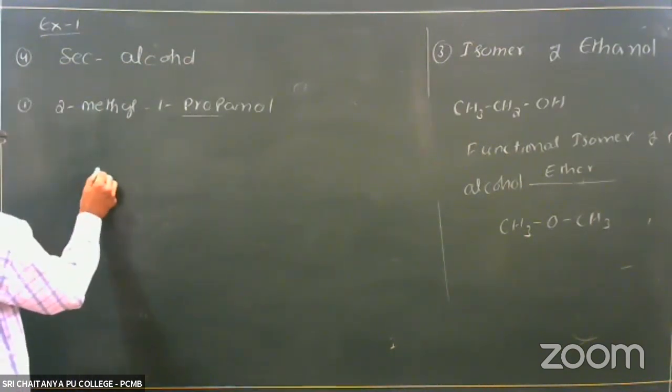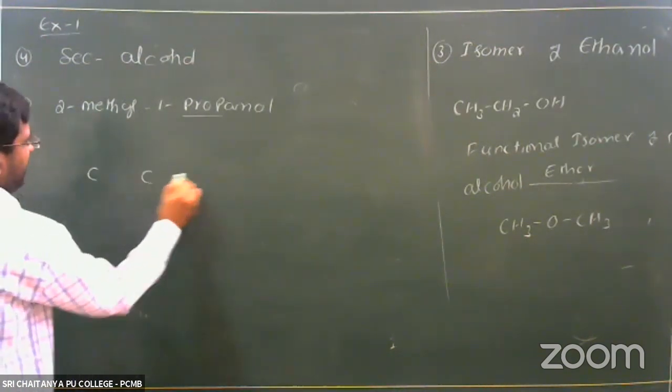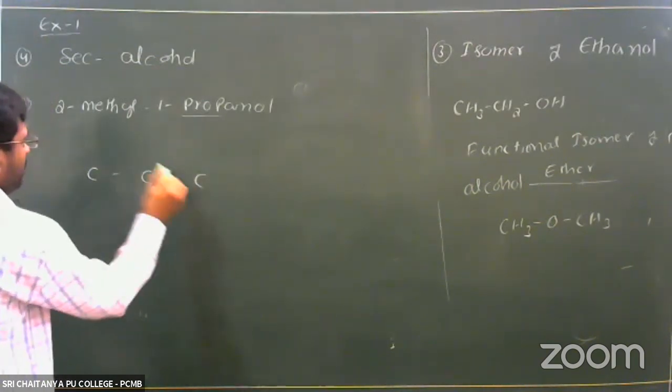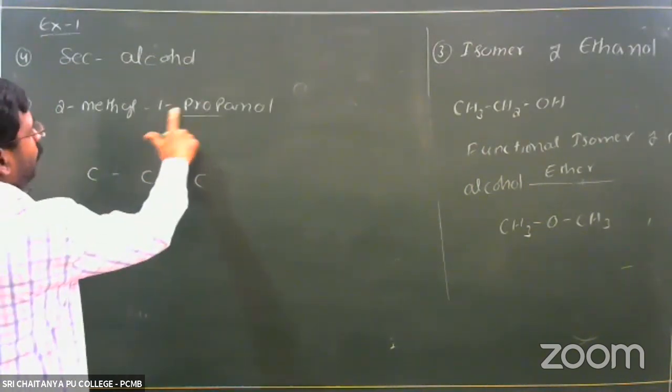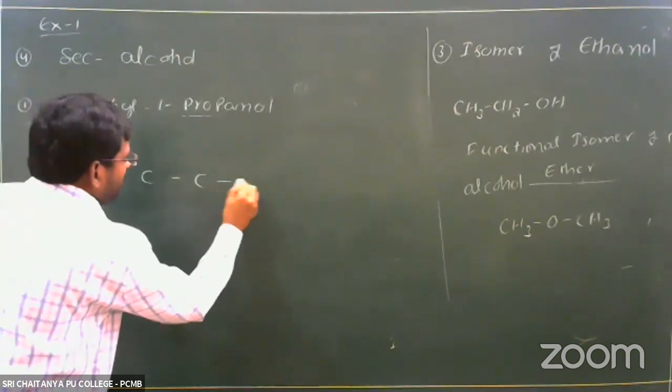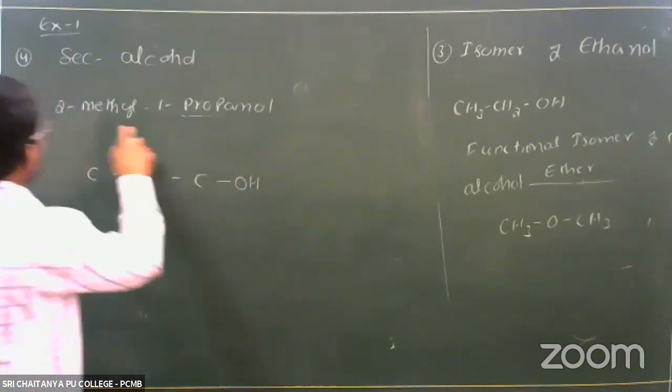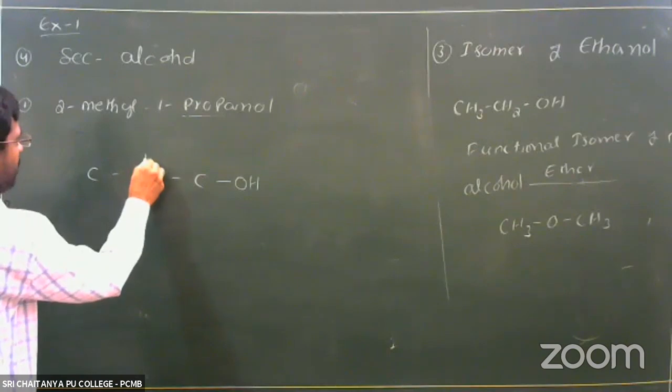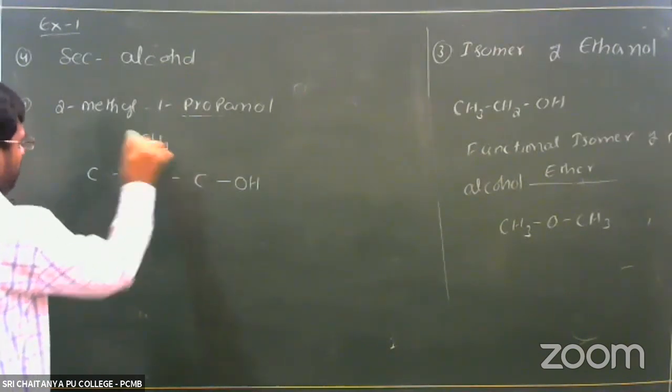Propan means a total of 3 carbons: first carbon, second carbon, third carbon. 1-propanol means the first carbon is attached with OH. 2-methyl means the second carbon is attached with CH3.